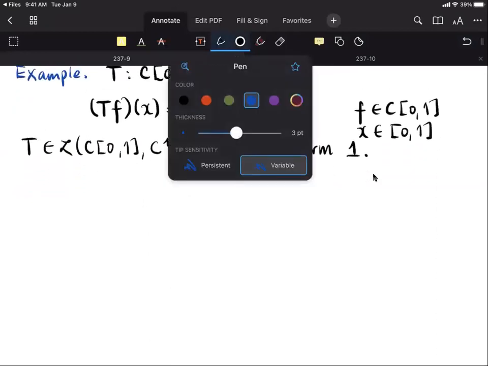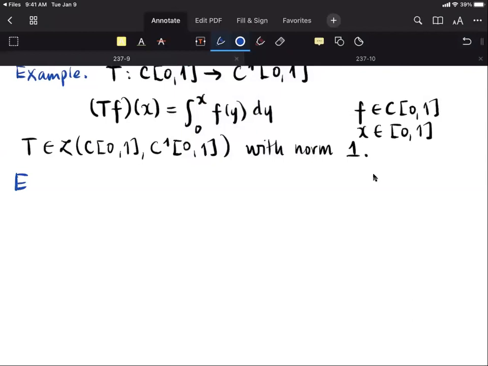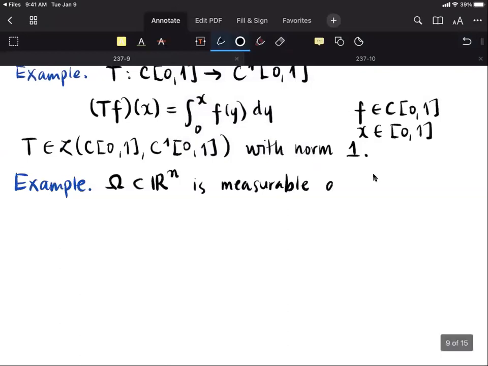As a final example, we consider differential operators. So suppose omega is in Rn, and this is measurable, Lebesgue measurable, to be precise. And let us take a positive integer m.